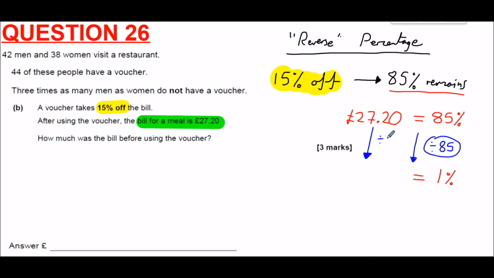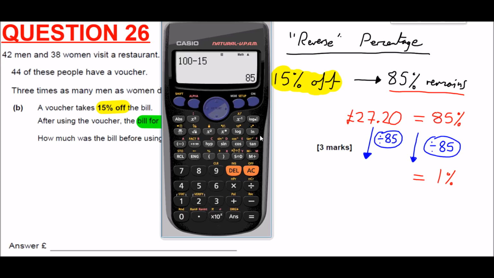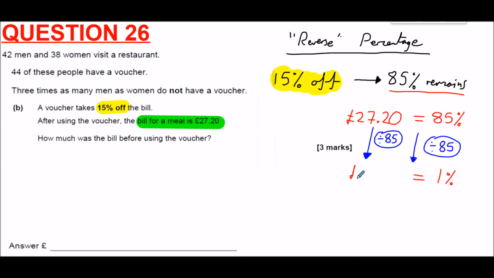So £27.20 divided by 85 will tell us what 1% of the cost is. So divide by 85, we'd have 32 pence. So 32 pence is 1%.